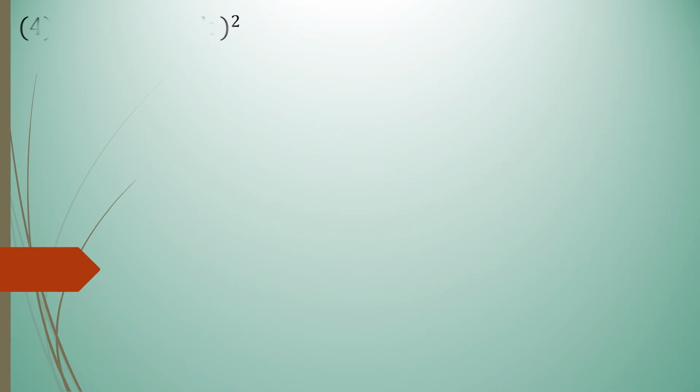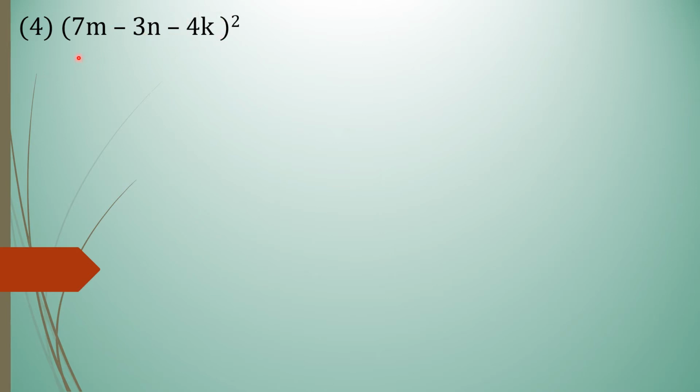Now the fourth one. What is the question? 7m minus 3n minus 4k the whole square. So here our A term is 7m, B term is minus 3n and C is minus 4k.